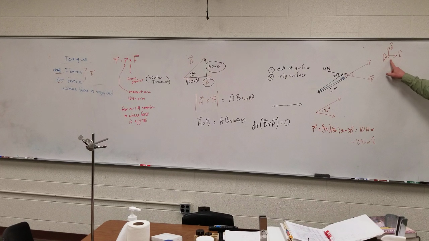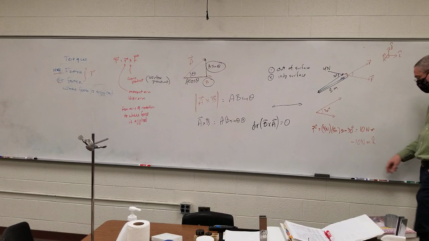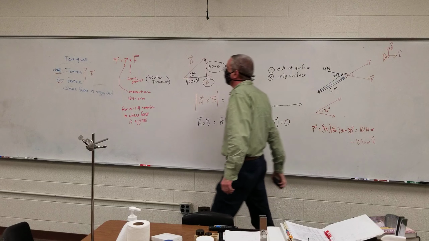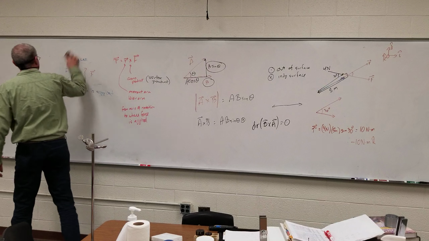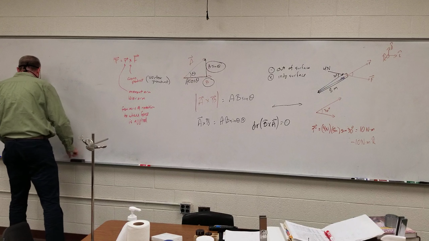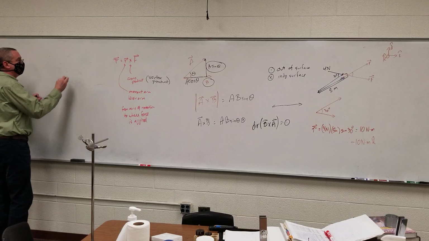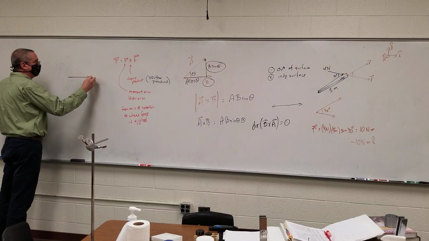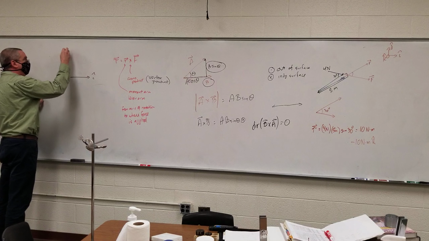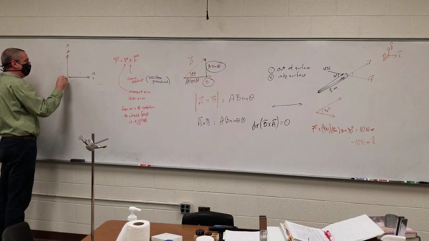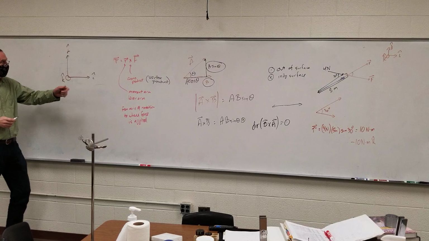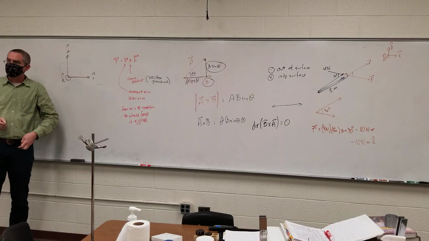I made reference to this being a right-handed coordinate system, so let's talk about why this is a right-handed coordinate system. A lot bigger here. All right, so I have i to the right, j up, k coming out at you.